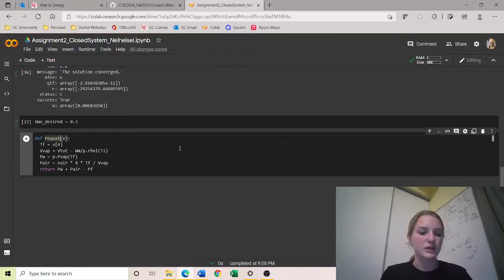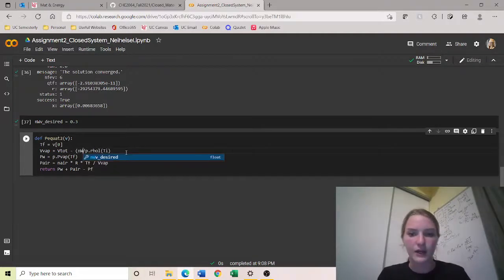And we are going to change this to P equate 2, since it's our second equation. And we also have to change the V of vapor. And we have to take this and we have to change this to the desired moles.